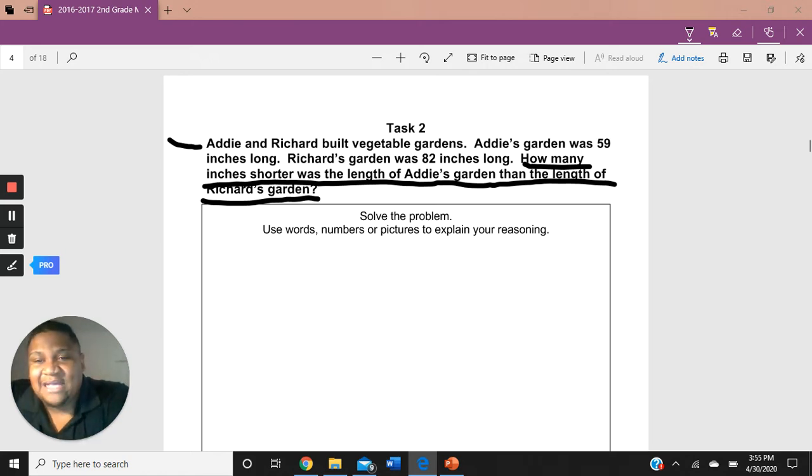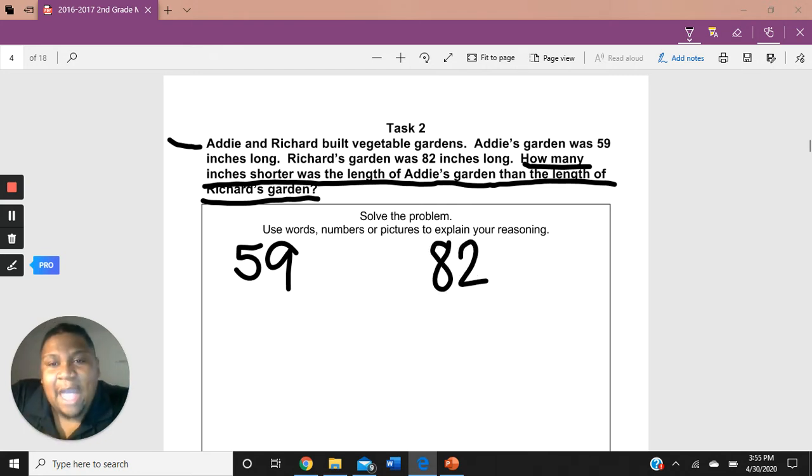So we know that because her garden was 59 inches long, we can go ahead and put 59 right there. And Richard's garden was 82 inches long. So we can go ahead and put 82 right here. How many inches shorter was the length of Addie's garden than the length of Richard's garden?